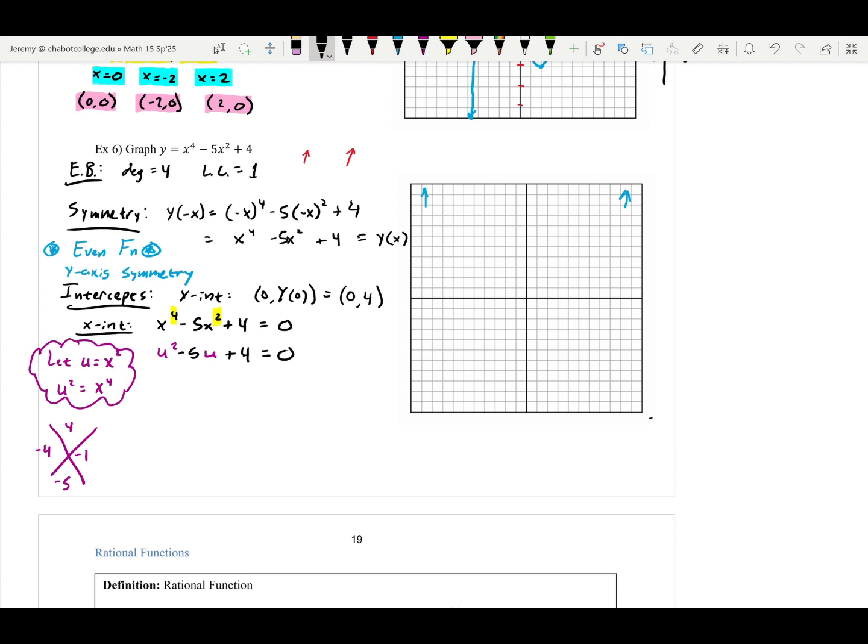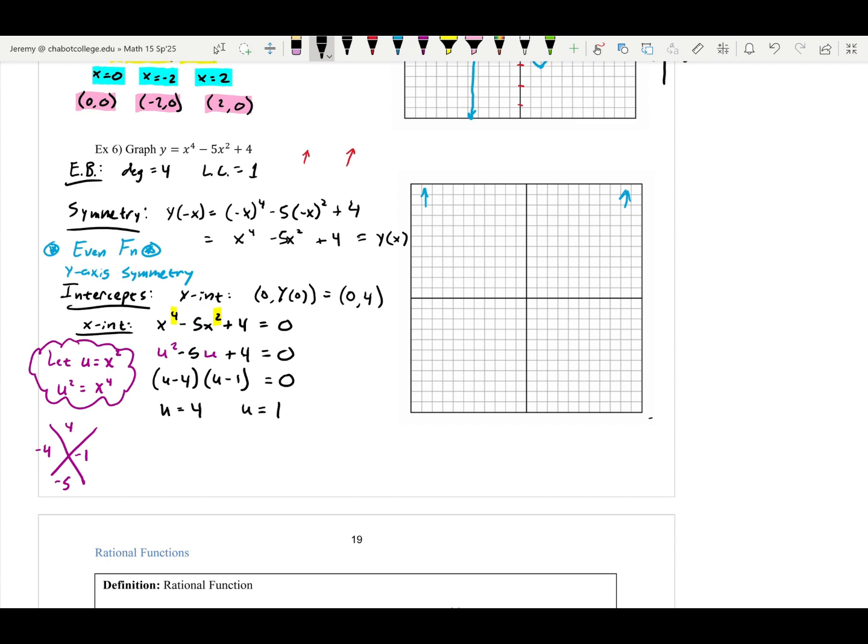So this factors to u minus 4 times u minus 1, and that equals 0. Pretty good. So we could at this point say, u is equal to +4, u is equal to +1.